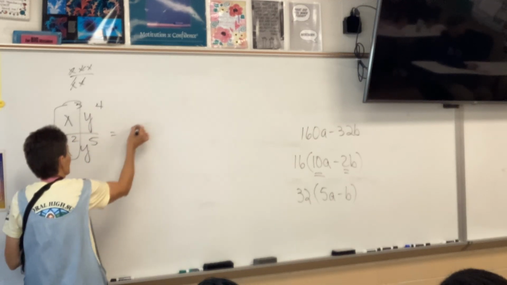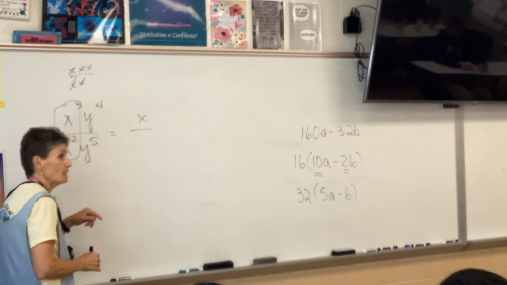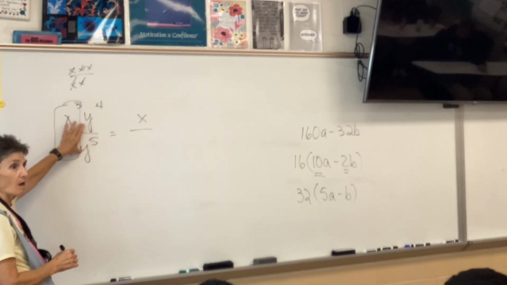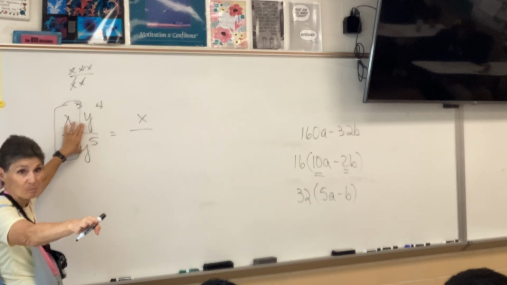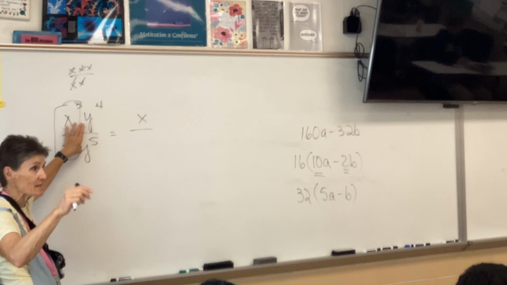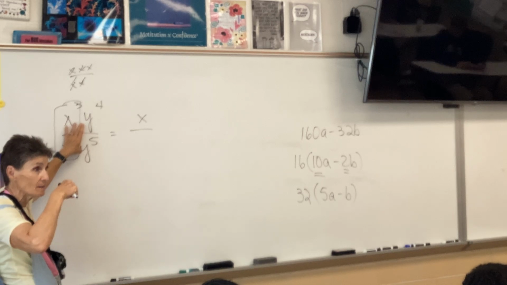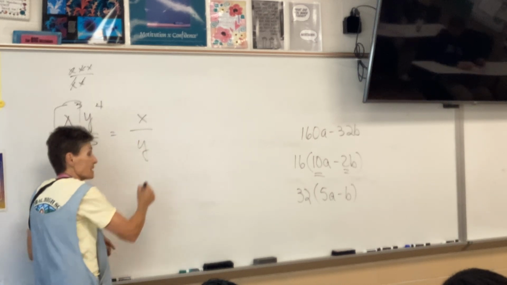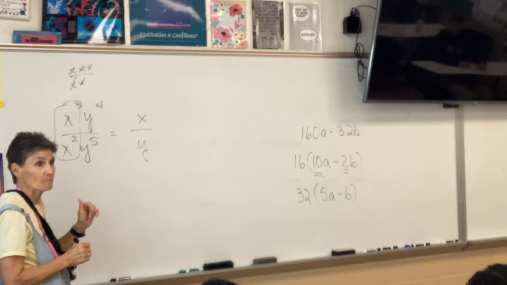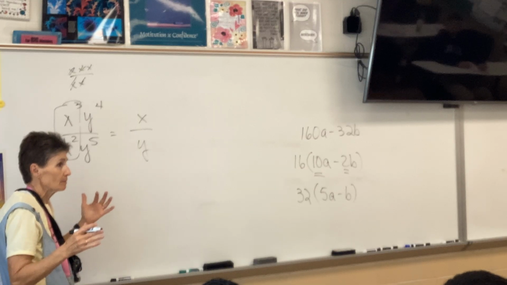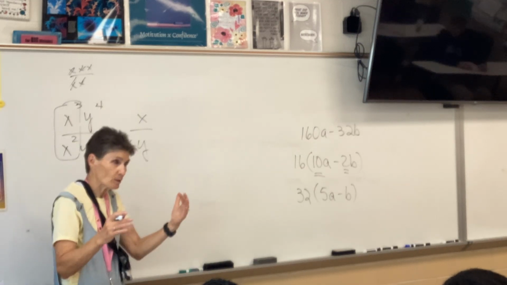So we're gonna have an X on the top. Okay? Now, what about the Y's? Aren't they gonna do the same thing? But now the extra is on the bottom, so that simplifies to X over Y. We're not gonna make it hard, if we don't have to.